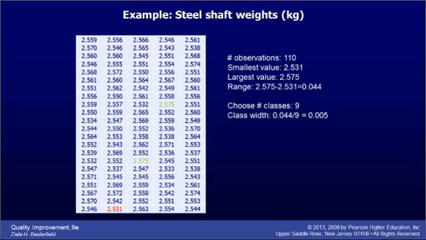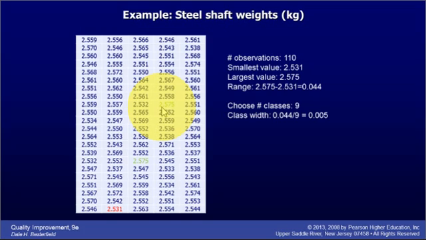Here is an example of grouped data. We have a total of 110 observations, and they range from 2.531 to 2.575. As you can see, the smallest value of our dataset is 2.531, and the largest value is 2.575, which occurs twice in our dataset.